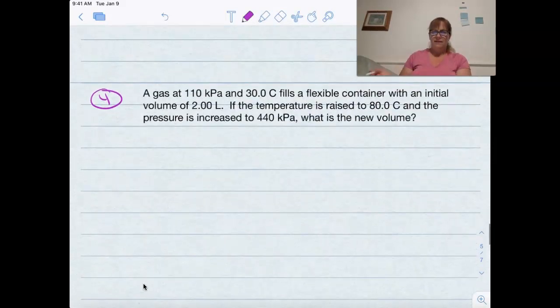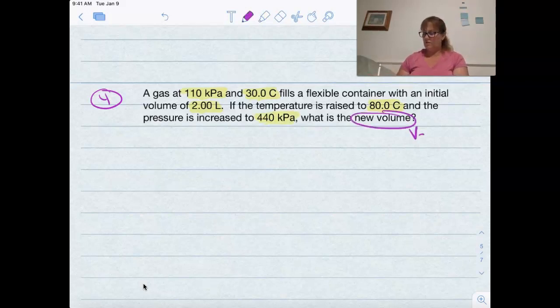Let's look at this. A gas at 110 kilopascals and 30 degrees Celsius fills a flexible container with an initial volume of 2 liters. If the temperature is raised to 80 degrees Celsius and the pressure is increased to 440 kilopascals, what is the new volume?